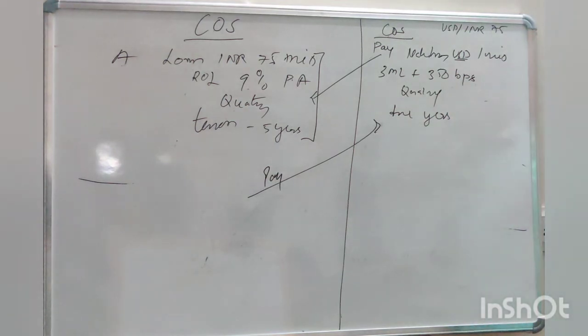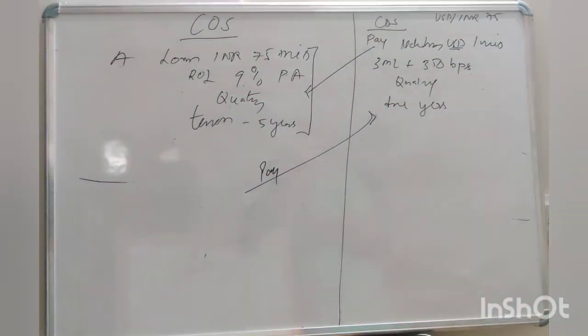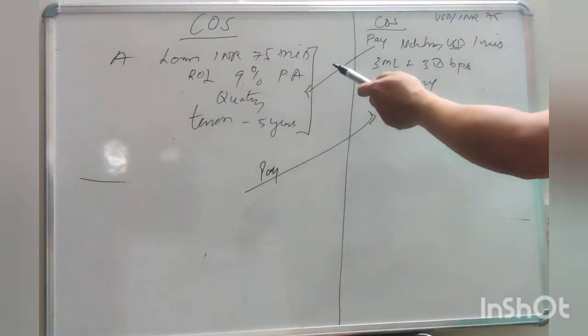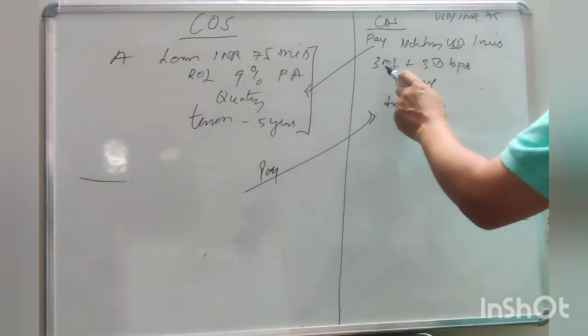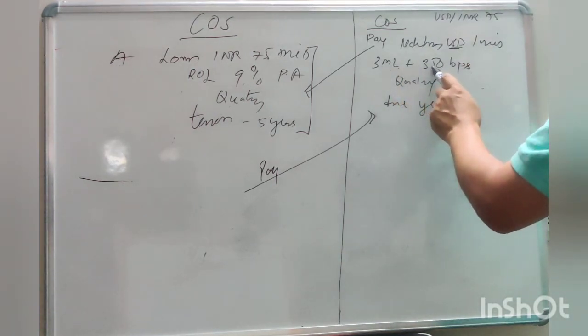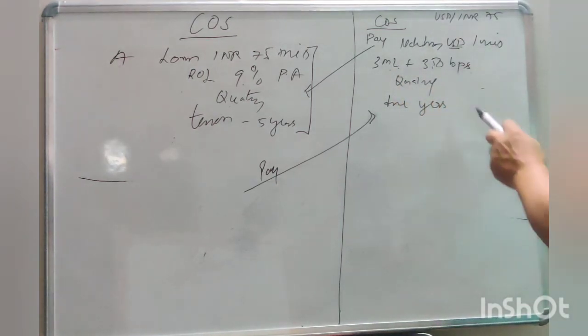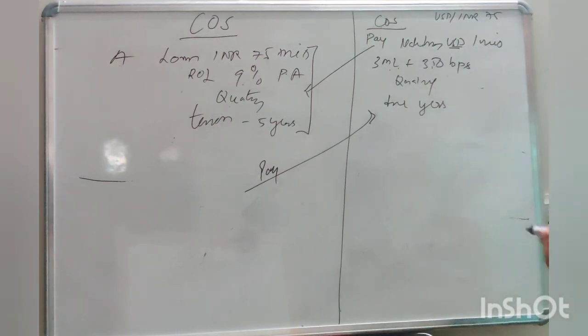What the customer has done is used his USD receivables to convert his high cost rupee liability into a low cost USD liability, where he will be paying only 3-month LIBOR plus 350 bps on a quarterly basis, and this payment can be met from his export receivables.